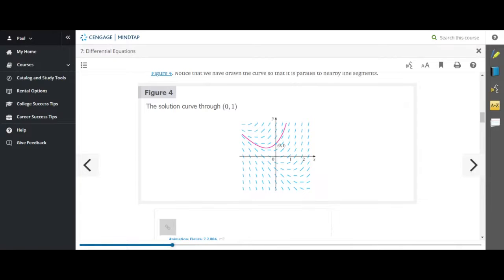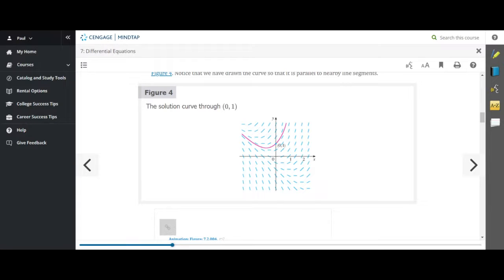Do you see how the solution obeys the direction field? The tangents to the solution curve at the different points match up. If you think about the tangent lines to the solution curve, they agree with the direction field.